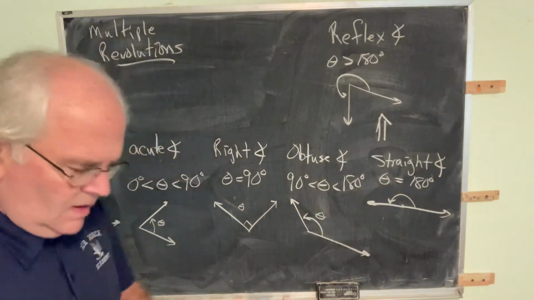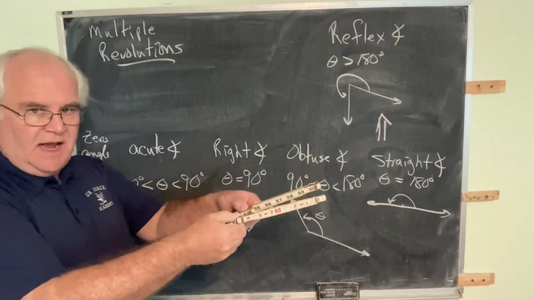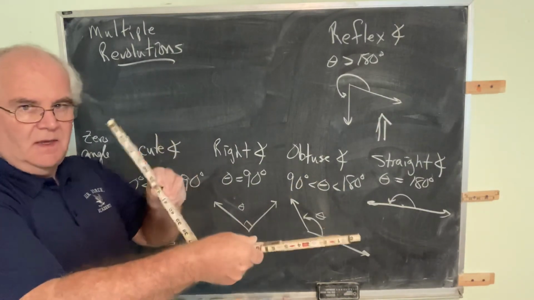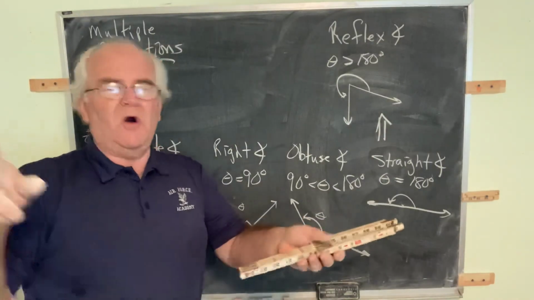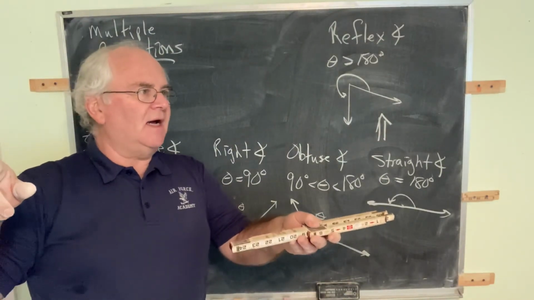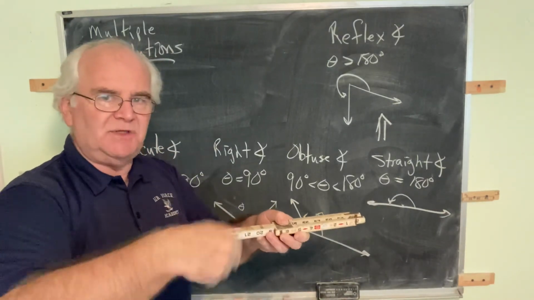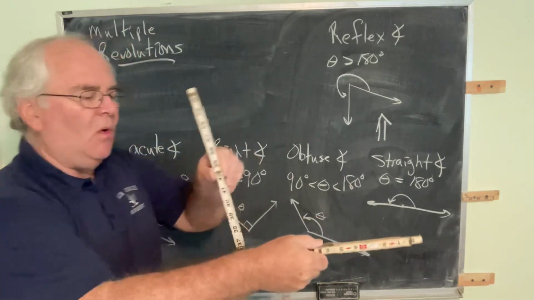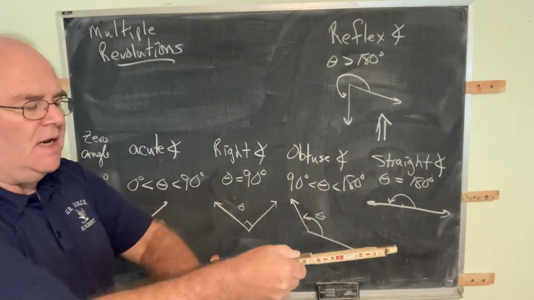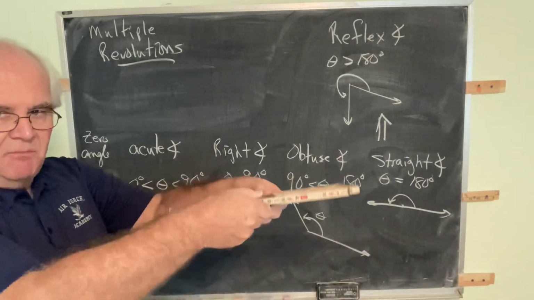Because if I start with my initial side here, and I rotate, maybe this is a pulley, or I'm sorry, there's a chain that comes around this wheel. This wheel is attached to some chain on a bicycle maybe. Well, you're allowed to have more than one complete revolution. You can have multiple revolutions.